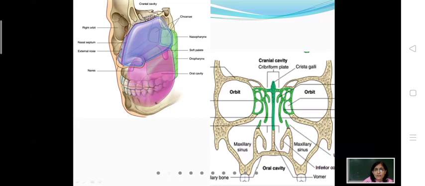Inferiorly, there is oral cavity. It is separated from the cranial fossae by way of frontal, ethmoid, and sphenoid bones. Inferiorly, it is separated from the oral cavity by way of hard palate, and lateral to each nasal cavity lies the corresponding orbit. Or you can say that the orbit is lateral to the nasal cavity. Okay, so these are the communications or the connections or the extensions of the nasal cavity or the relations of the nasal cavity.